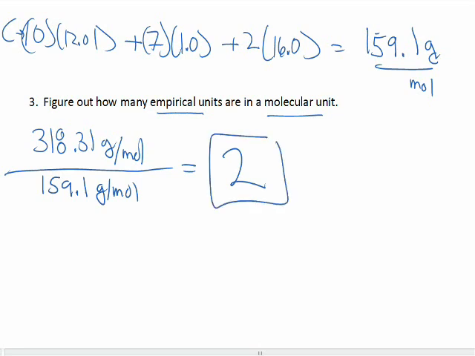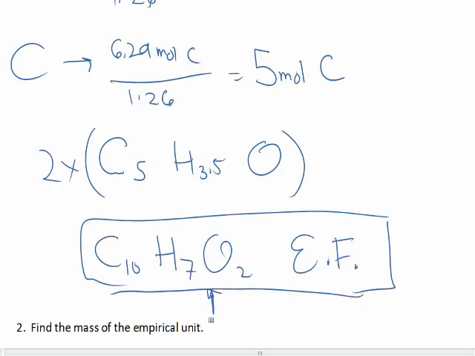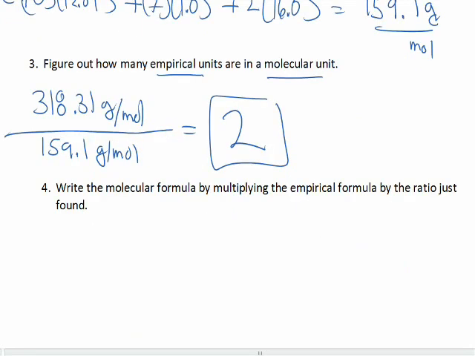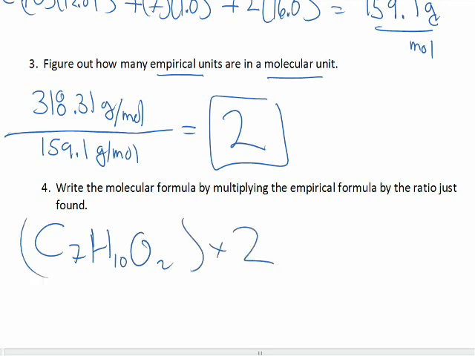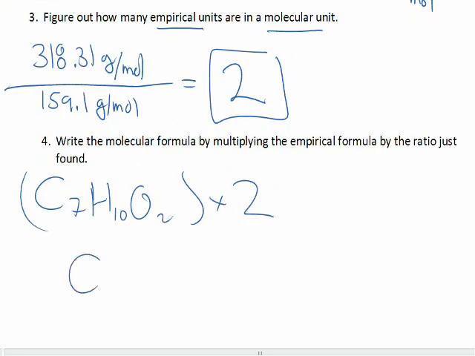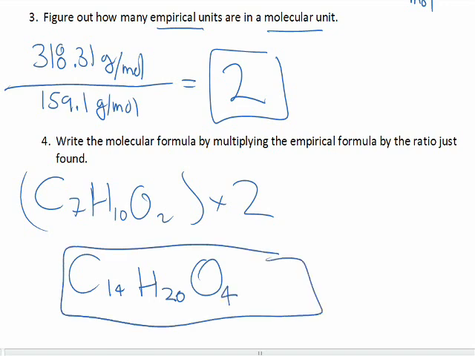Remember what we do with that ratio: we multiply it by our empirical formula. We have the original empirical formula, C10H7O2, and we multiply it by the ratio we just found, 2. So we get C20H14O4. That is our final molecular formula.